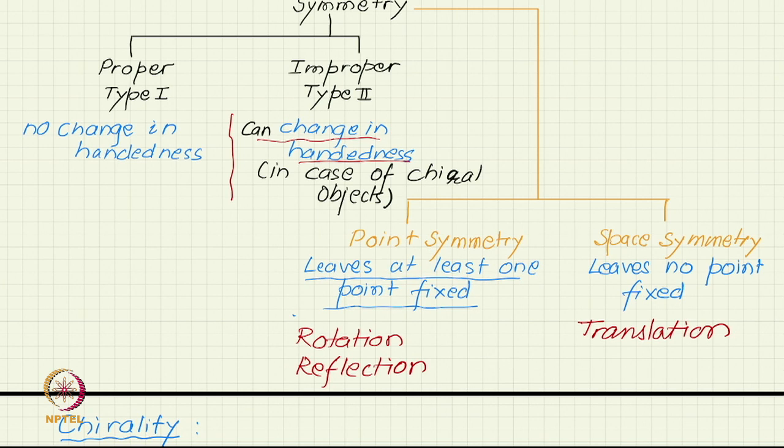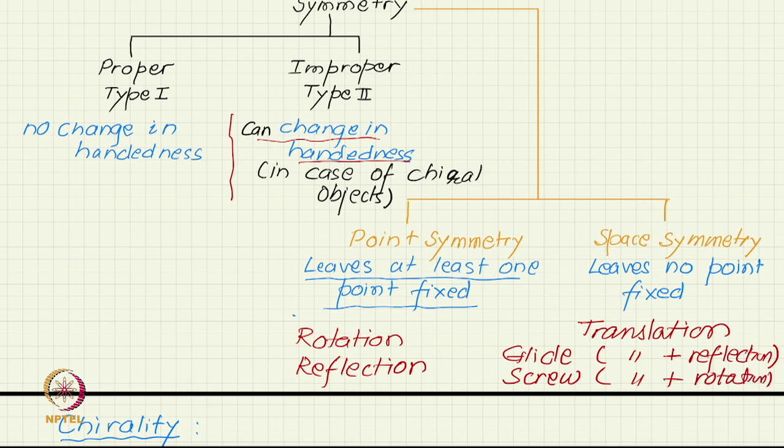Similarly, glide, we will come to that, is translation plus reflection. Or we have a screw, which is translation plus rotation.